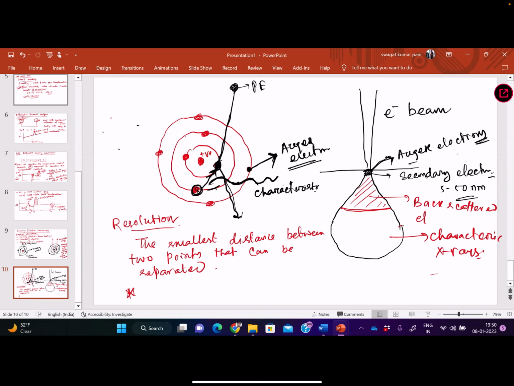So there are 3-4 factors that govern this resolution.